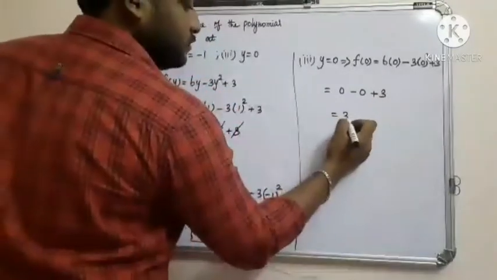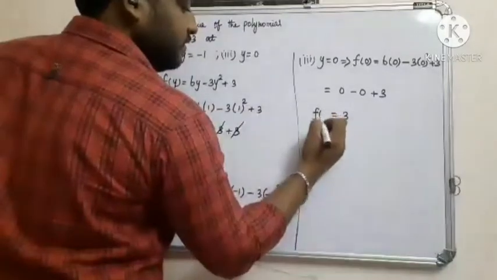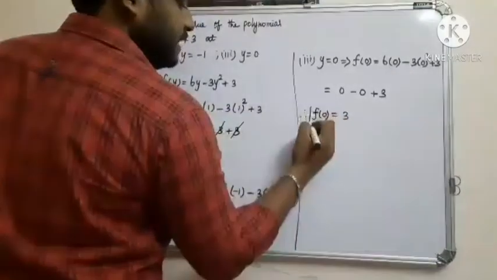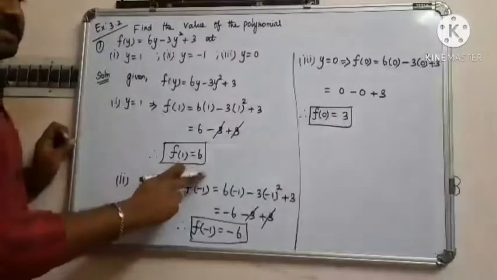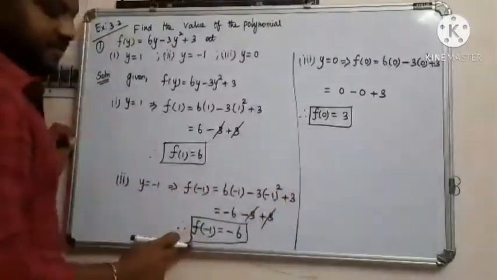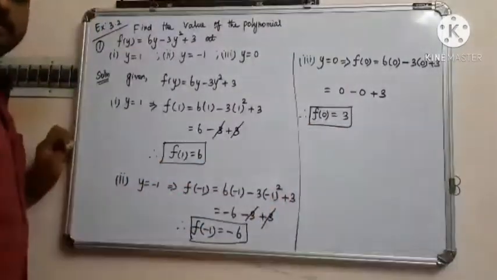So which is equal to 3. This is f of 0. So f of 1 value is 6, f of 0 value is 3, f of minus 1 value is minus 6. Okay, clear?